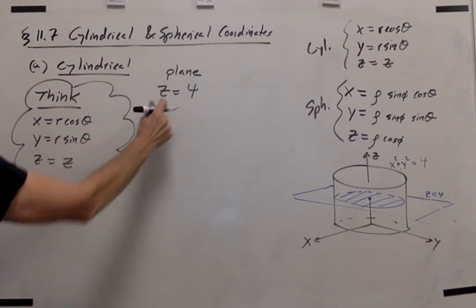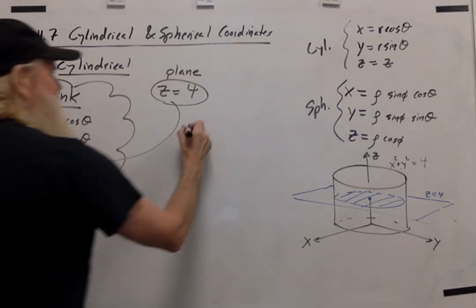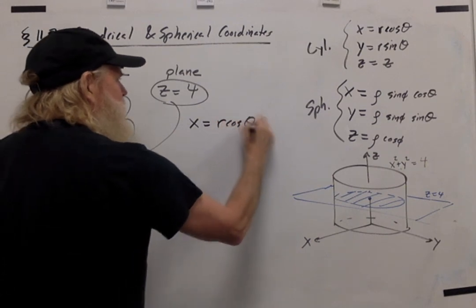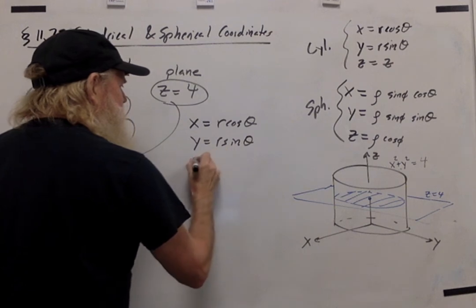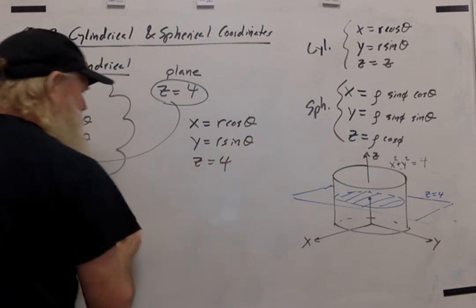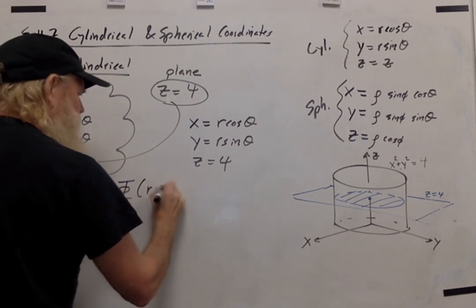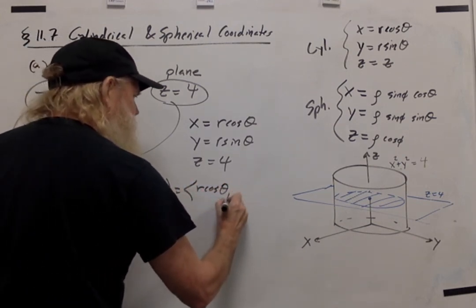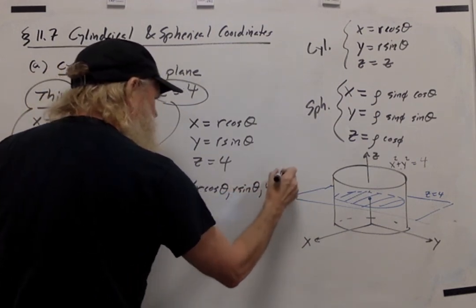So I take that z equals 4, substitute it in over here, and I get the parameterization x equals r cosine theta, y equals r sine theta, and z equals 4. And that's my parameterization. Phi of r and theta is (r cosine theta, r sine theta, 4).